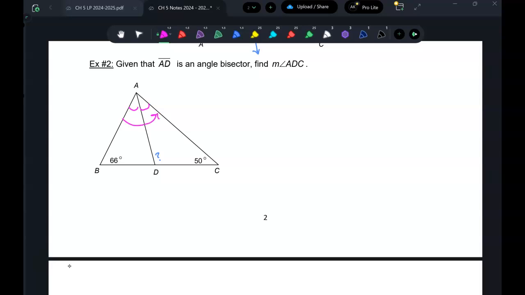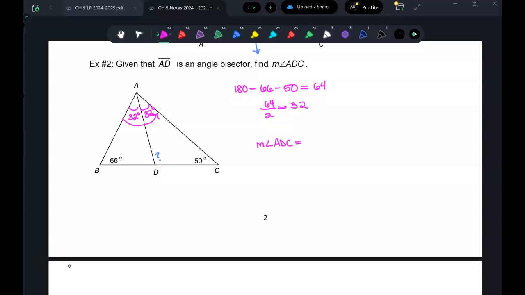If I did 180 minus 66 minus 50 and divided it by 2, we get 64. Wait, no, 64, and then we want to divide that by 2. So this is 32, and this is 32.